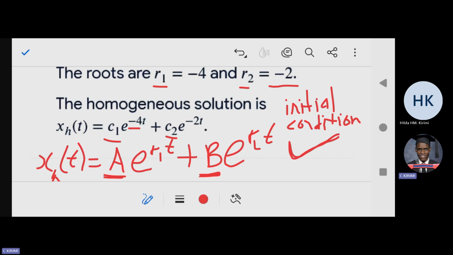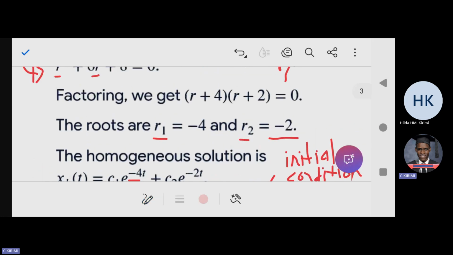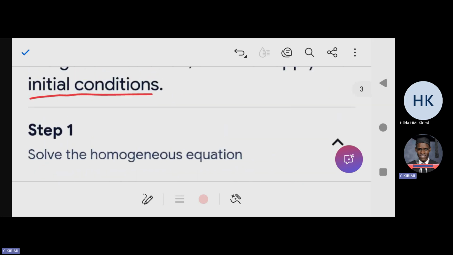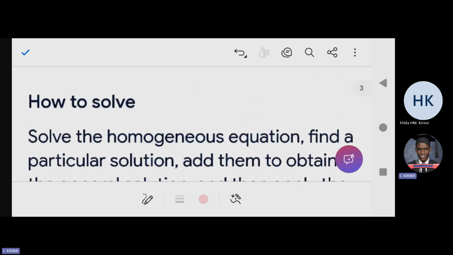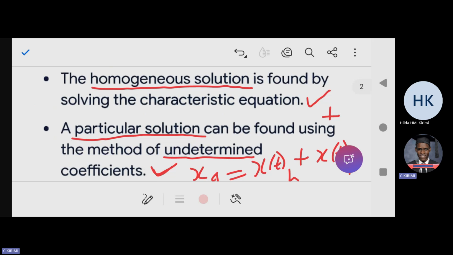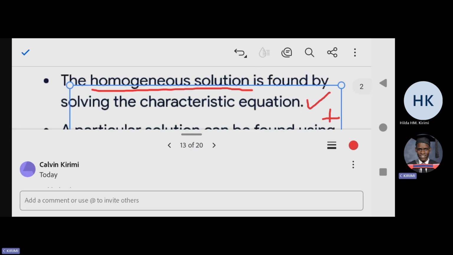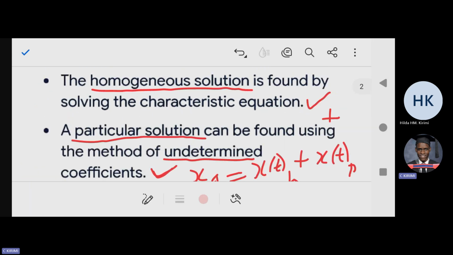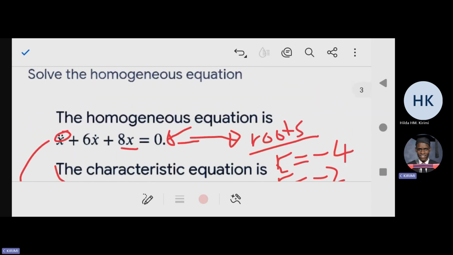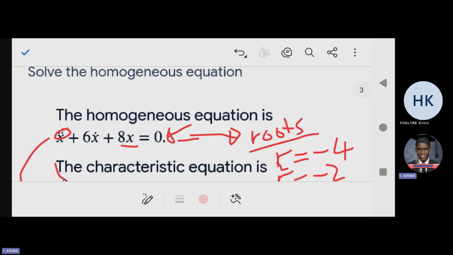So from now, you must be in a position to find a homogeneous equation for any given wave function that will be given for any oscillator. How do you find the homogeneous equation? By just equating the left-hand side to 0. That is the first thing.